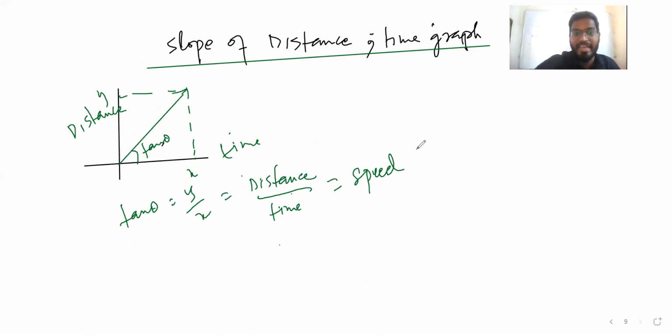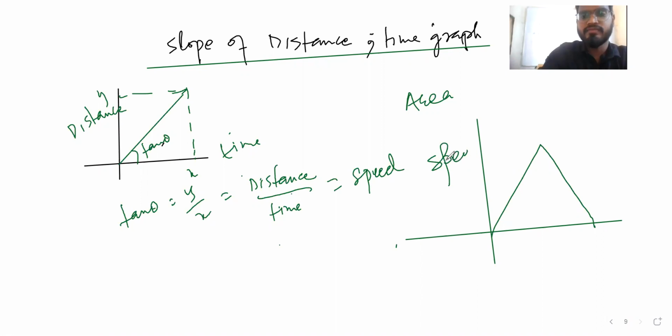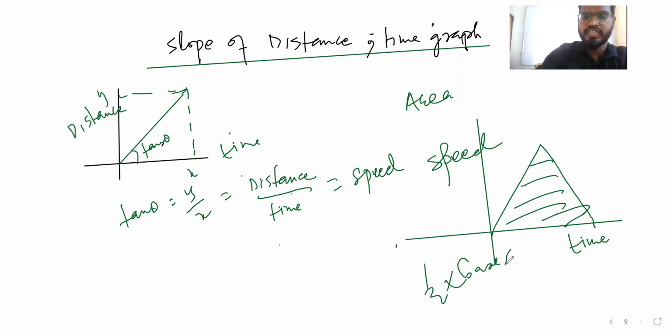Right? Now area under the curve. Area under the graph of speed time graph. Guys, if you want to find the area under this, you'll have to do half base into what?